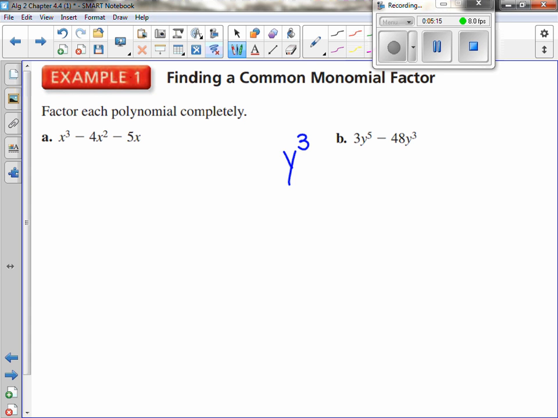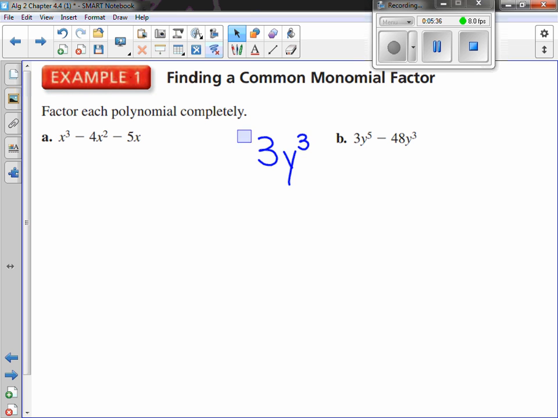So we do have that. Is there any other greatest common factor between these two terms? 3. 3 will go into both 3 and 48. So the greatest common factor between these two terms is 3y cubed.